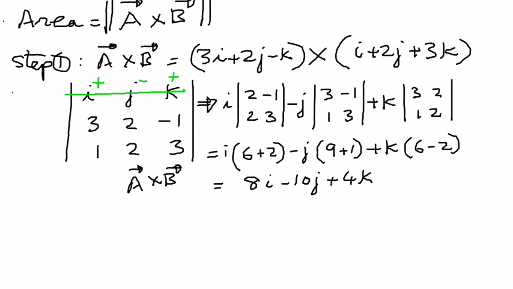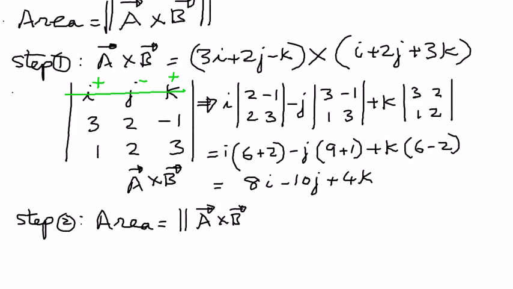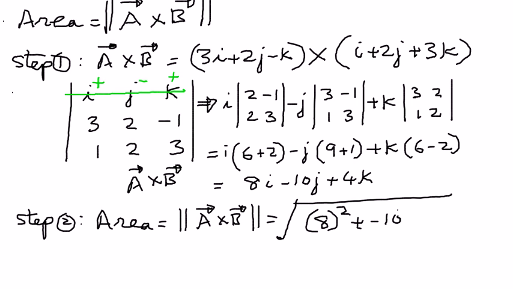We want to find the magnitude of that, and that is going to give us the area of the parallelogram. The area is the magnitude of the cross product between vector a and vector b. To do that, we take the components of this product: 8 raised to the power of 2 plus -10 raised to the power of 2 plus 4 raised to the power of 2.